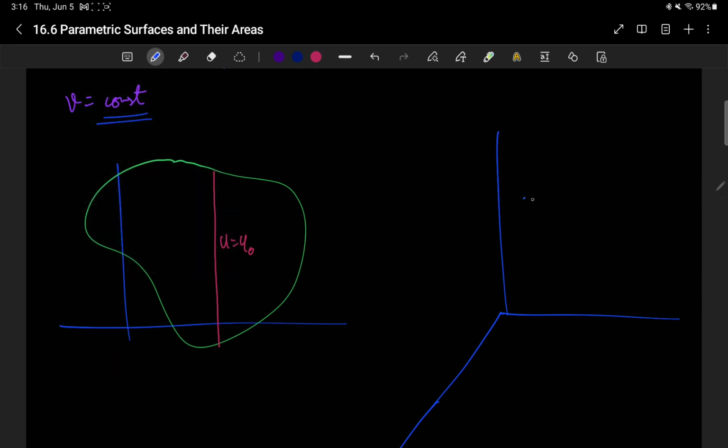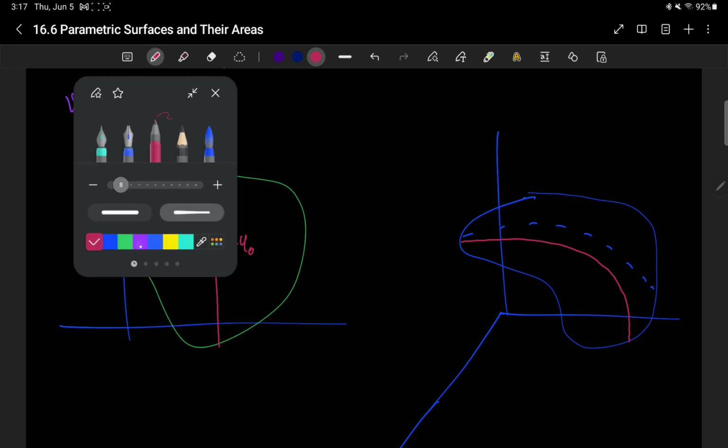And why that helps is it gives us an understanding of how this line relates to some constant. So maybe this u equals u naught corresponds to this red line over here.